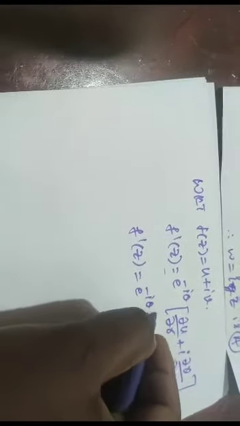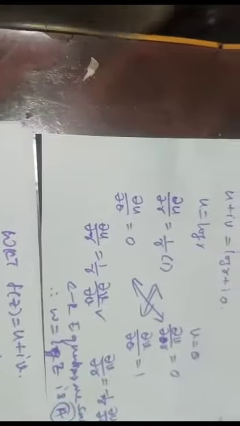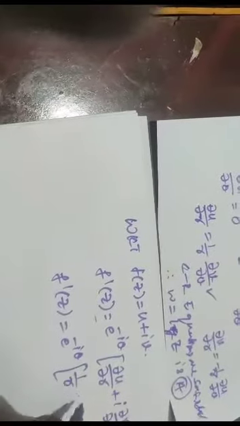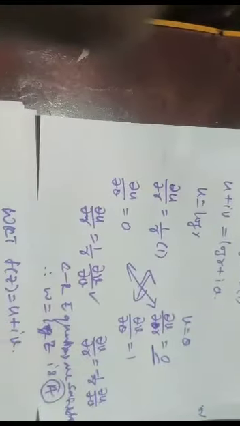Remember this formula. In Cartesian, f dash of z is dou u by dou x plus i into dou v by dou y. In polar, it is e power minus i theta into dou u by dou r plus i into dou v by dou r. So f dash of z equal to e power minus i theta into dou u by dou r, which is 1 by r, plus i into dou v by dou r, which is 0.